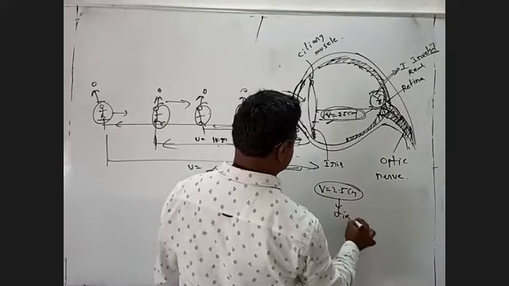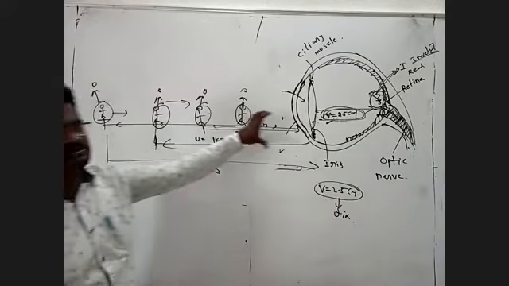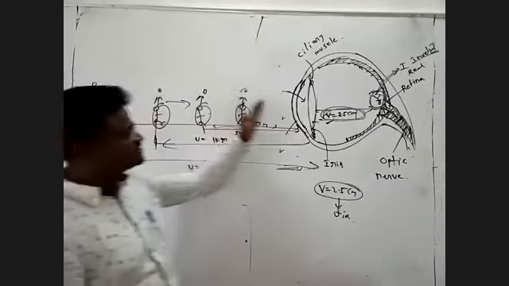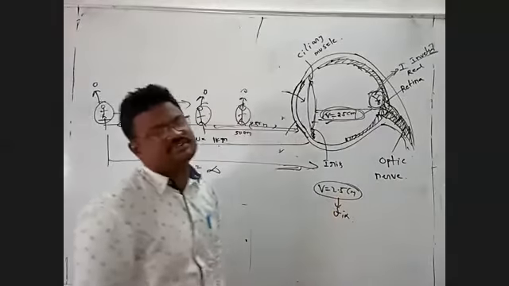This is fixed. But U, the position of the object, is changing, while the image distance does not change. That is fixed. What is the reason?